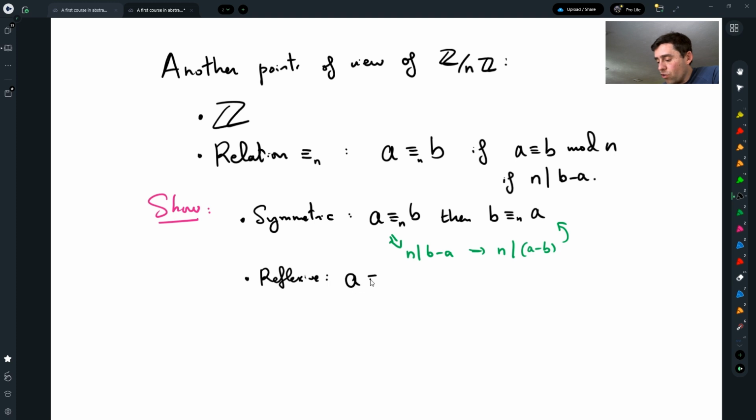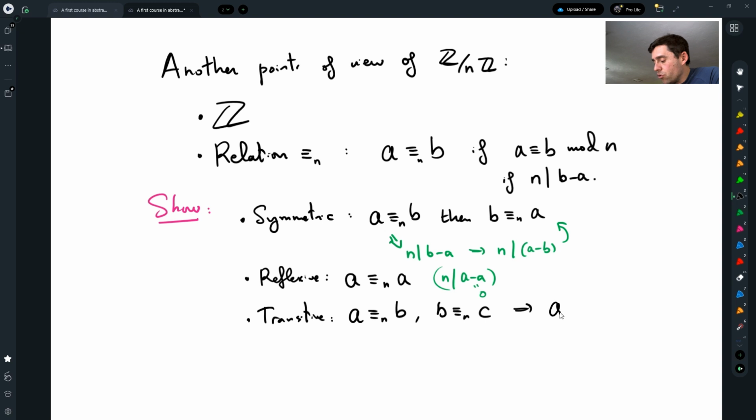A is always congruent to A, and that is again because n divides A minus A all the time, which is 0. And it is transitive, meaning that if A is congruent to B and B is congruent to C, then A is congruent to C. And I'll leave that for you to prove.